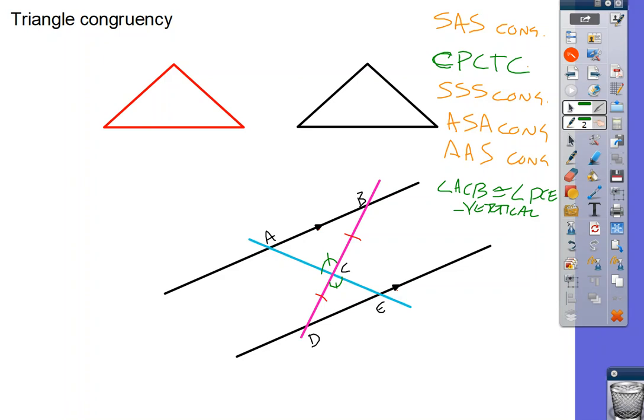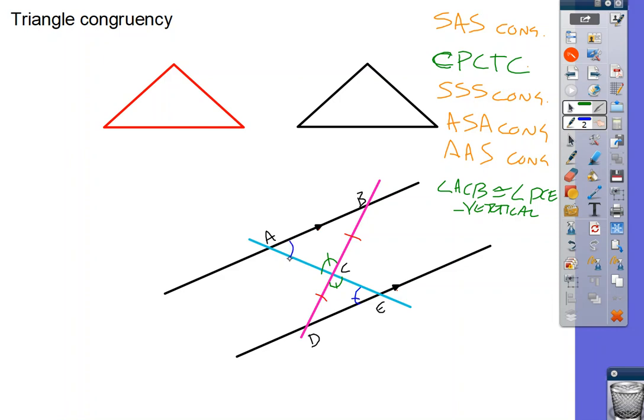All right. So what other angle do we need to prove that these two triangles are congruent? Well, we have an angle and a side, so we need one of the two other angles. Either one would work. So let's go ahead and use this one.